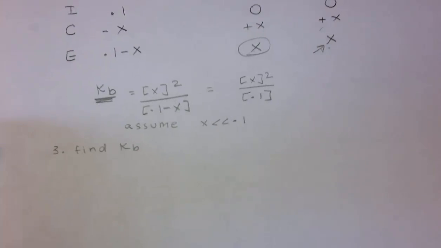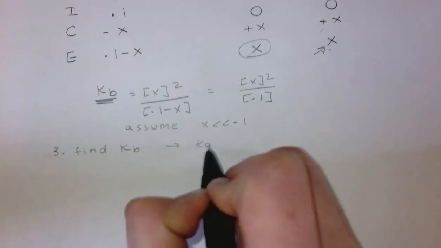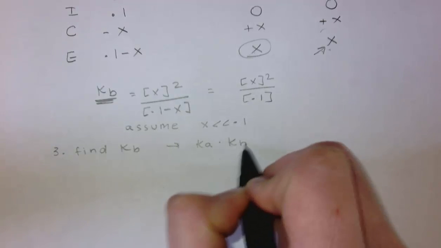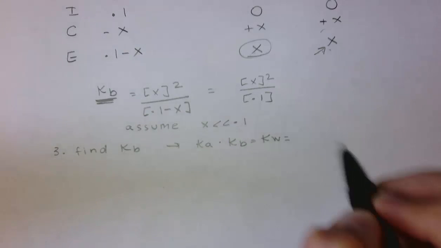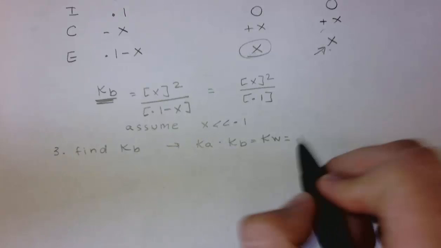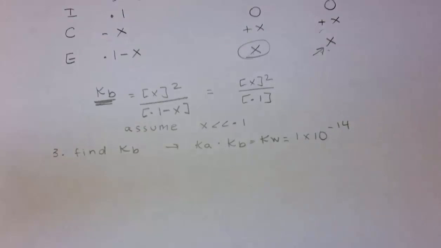And we're going to do that using the relation that Ka times Kb equals Kw. And at 25 degrees Celsius, Kw is going to equal 1 times 10 to the negative 14, which is why I stated earlier we can assume that this reaction is occurring at 25 degrees Celsius.